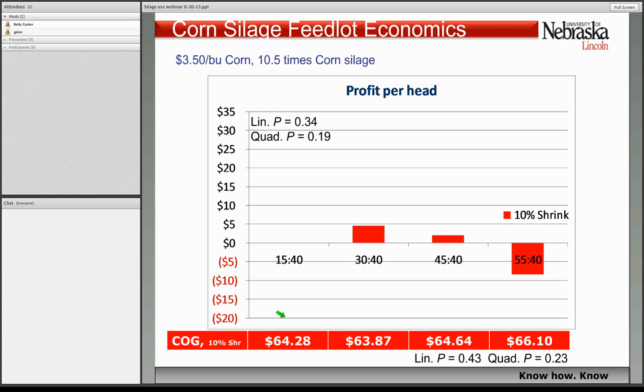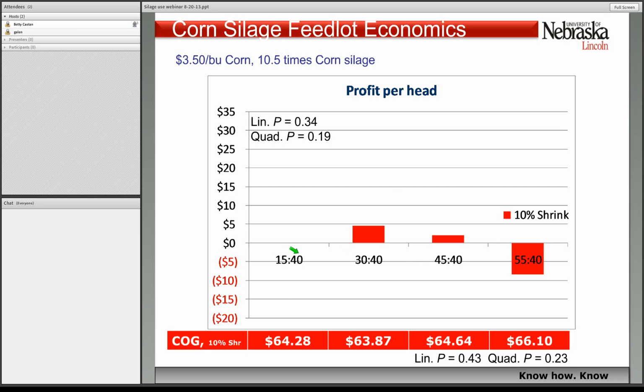Okay, so to start off with what I would call, at least compared to recent times, relatively inexpensive corn, $3.50, the appropriate multiplier on corn price. If you look at feeding 15% silage, 40% distillers, and we made those cattle break even, this is looking at the relative change in profitability per head as we go to 30, 45, or all the way out to 55.